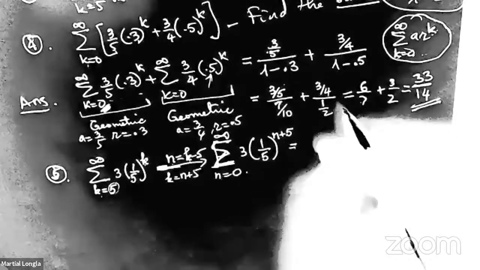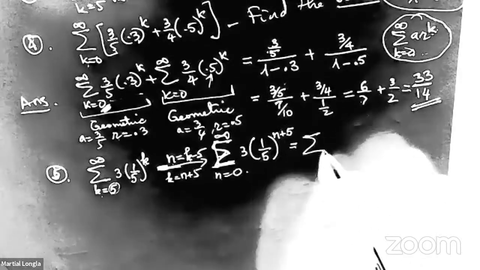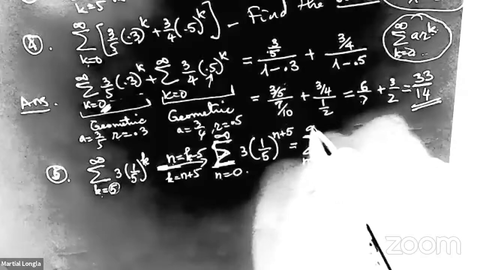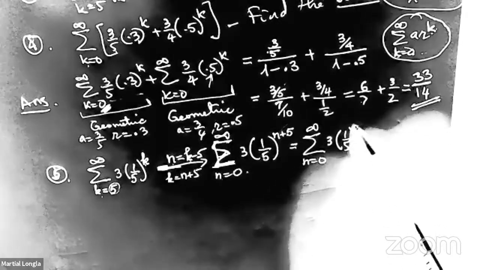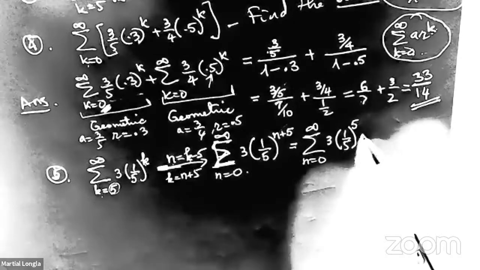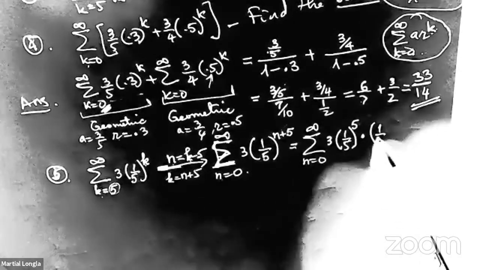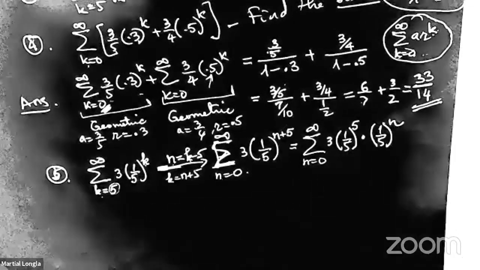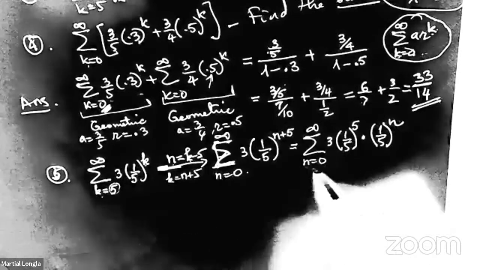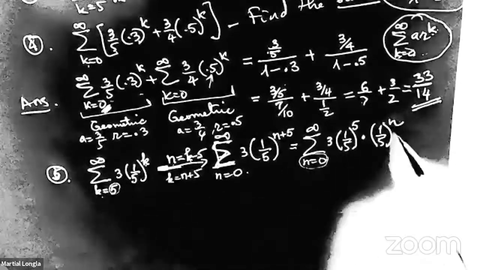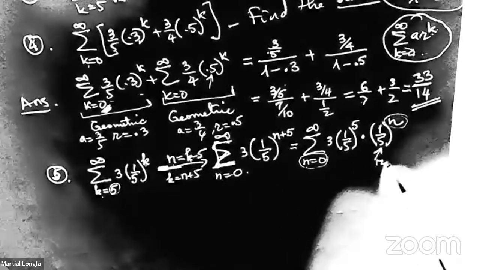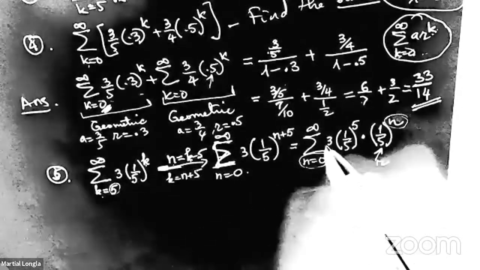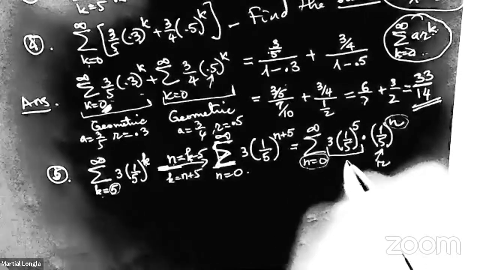So that is going to be the sum from n equals 0 to infinity of 3 times 1/5 to the power 5 times 1/5 to the power n. Now, this is n equals 0, sum of powers of n, so that is r, and this whole thing that came out is a.